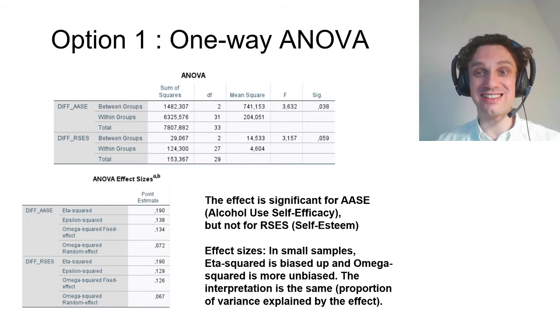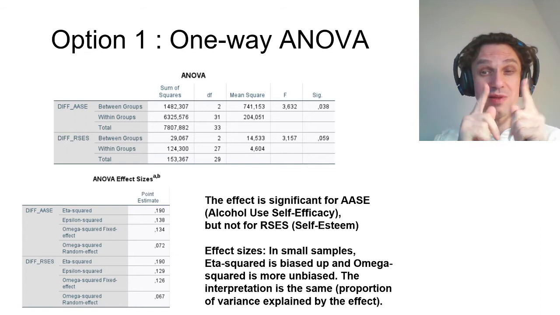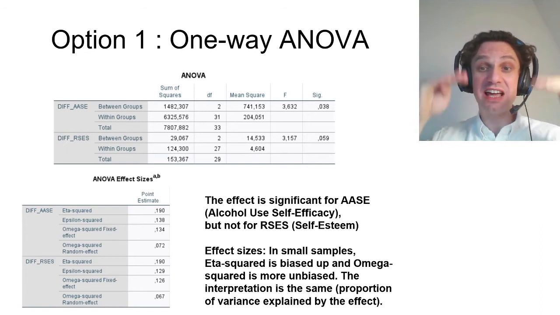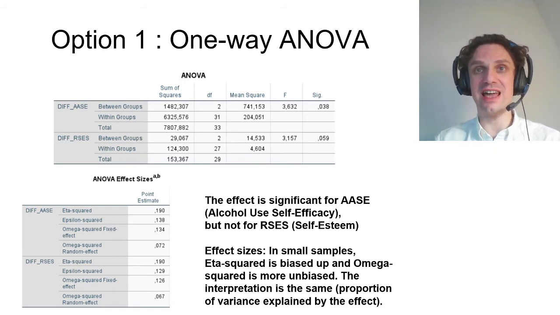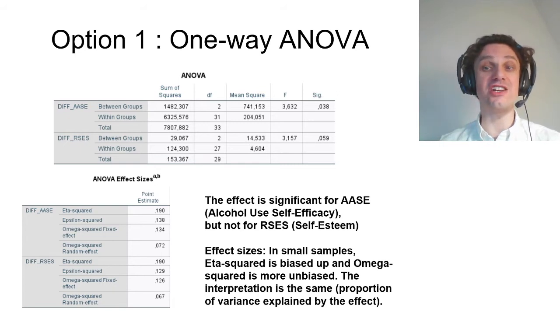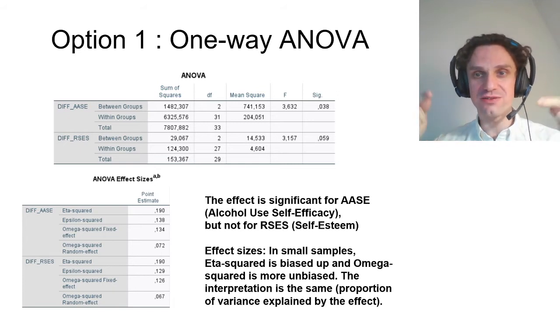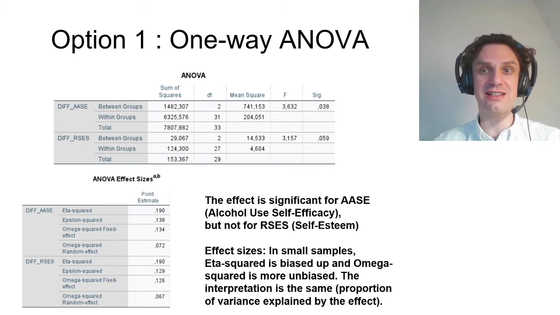So if we tested this effect in a larger sample, our eta squared would have probably become smaller. So it's exaggerated in very small samples. That's why people have proposed other effect size estimators, epsilon squared and omega squared, which make adjustments which correct for small samples. The interpretation is still exactly the same.